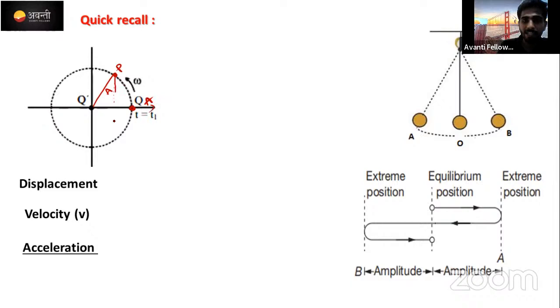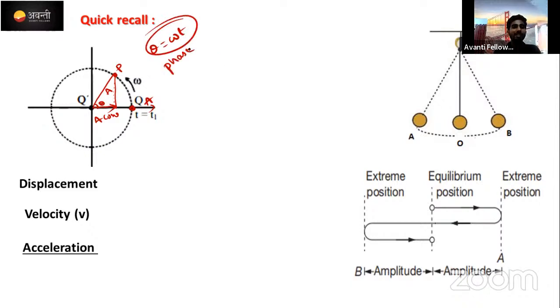Like this. At this condition, this vector we write as A cos theta, because it describes an angle also, no? We wrote theta as omega t. It's also known as the phase. We call this the phase also.